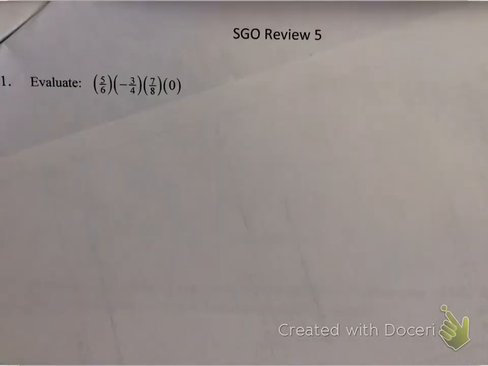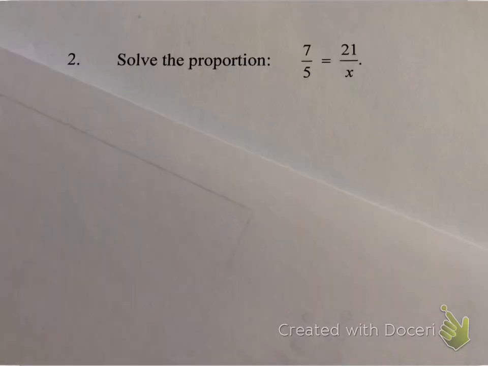Number 1 for SGO review number 5, when you multiply all of those numbers, you look at all of them before you do anything, because that would be awfully ugly, but we could just multiply across and our answer is 0. Anything times 0 is 0. Number 2, solving the proportion.